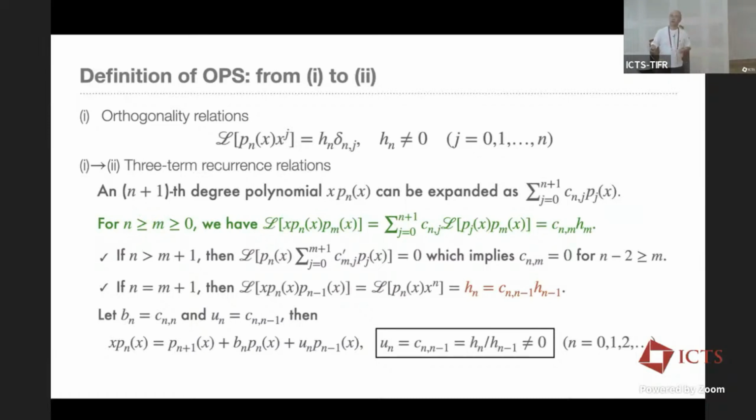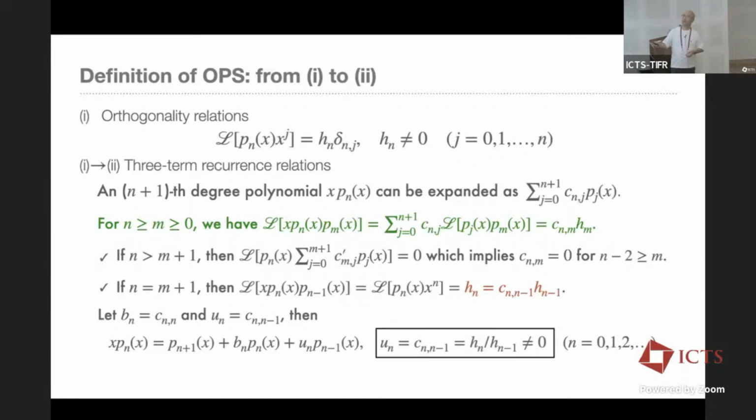Of course, here we are making an assumption on n and m, and this order we can choose: n is less than or equal to m.